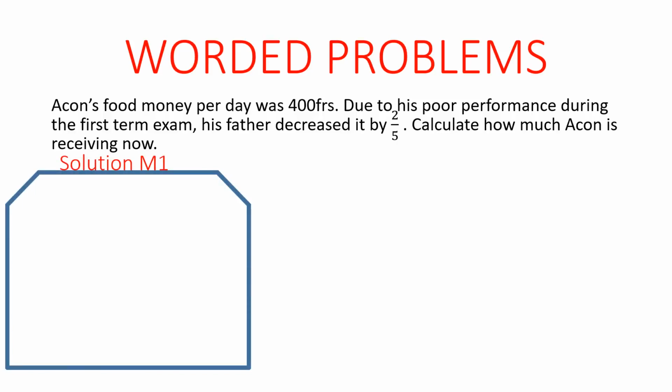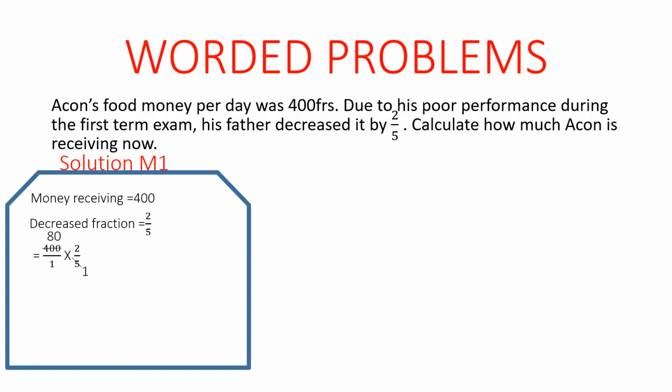In method 1, the money Acon was receiving is 400. Decrease fraction 2/5. Therefore, it's going to give us 400 over 1 times 2/5. So we cancel there. 5 cancels itself, 1 time. And 40 divided by 5 is 8.